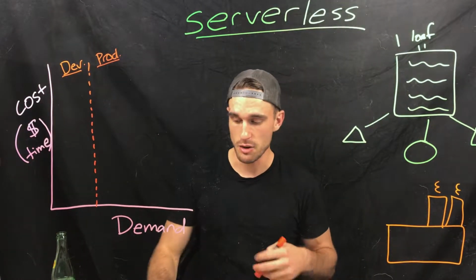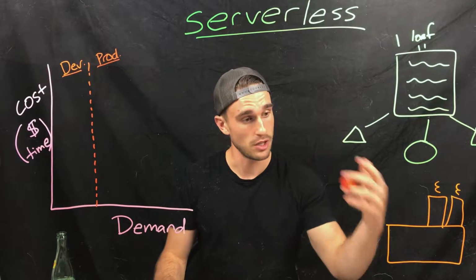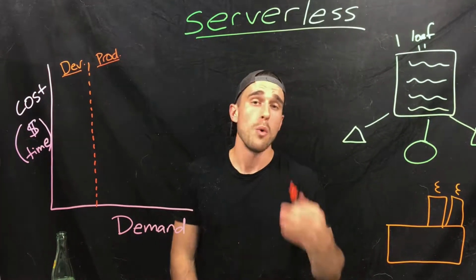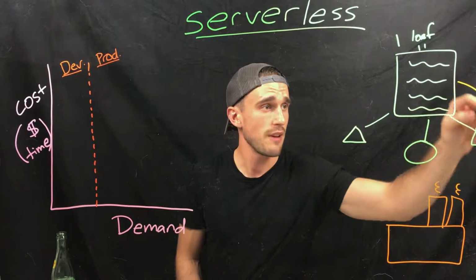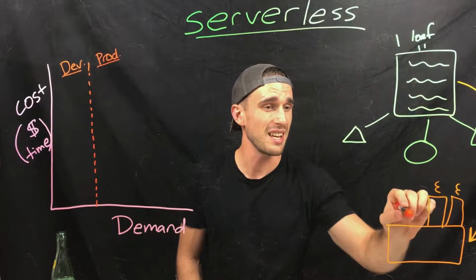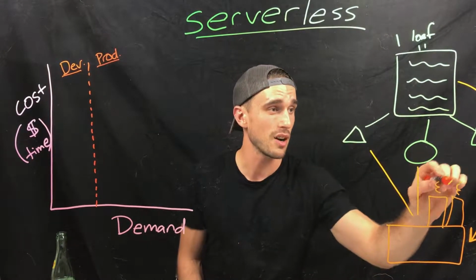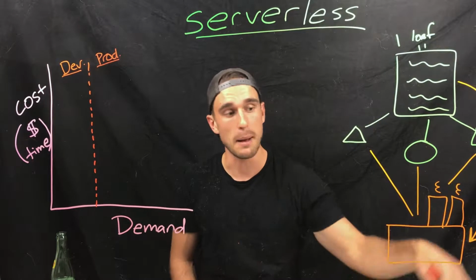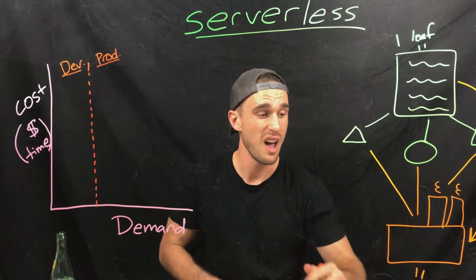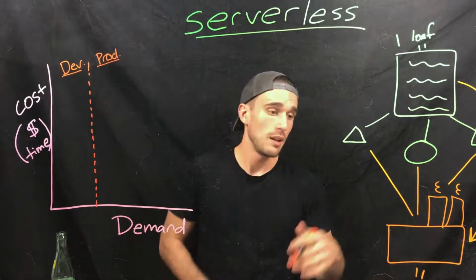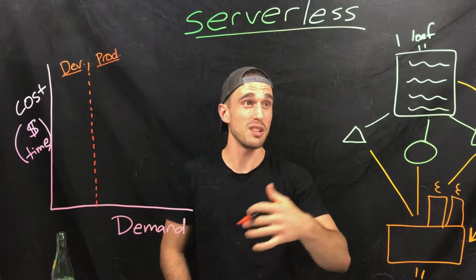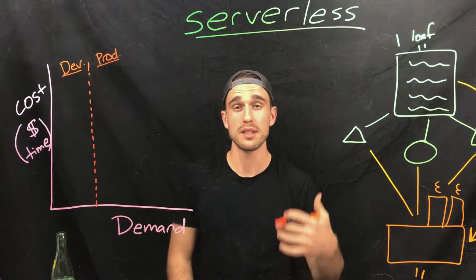Now, let's imagine that you outsource your bread recipe to an industrial third-party baker. What the industrial baker does is take your family's recipe, sources each of the ingredients on their own, brings it back, mixes it all together, and gives you however many loaves you want. Not to mention, they give you the bread and you can sell it as your own. This is serverless computing.